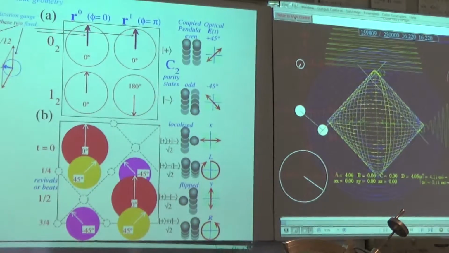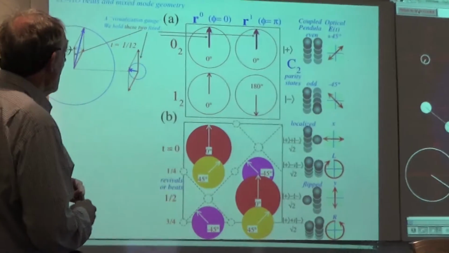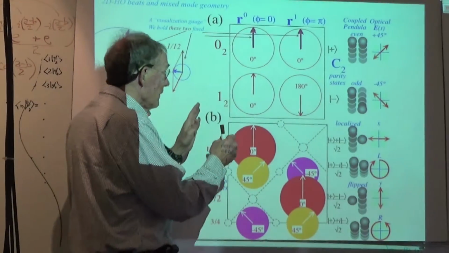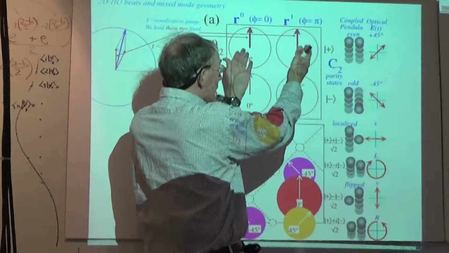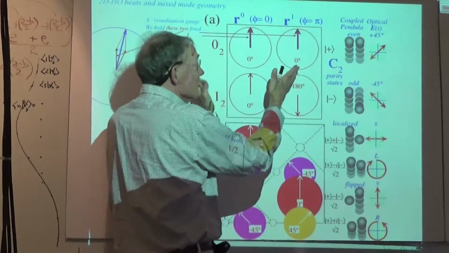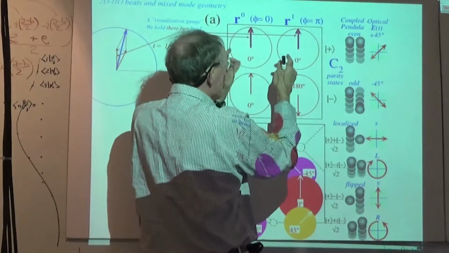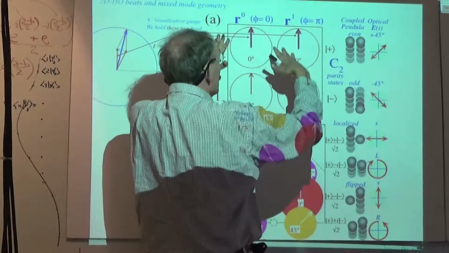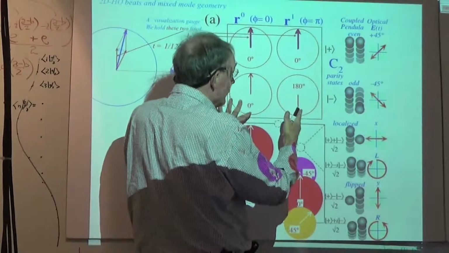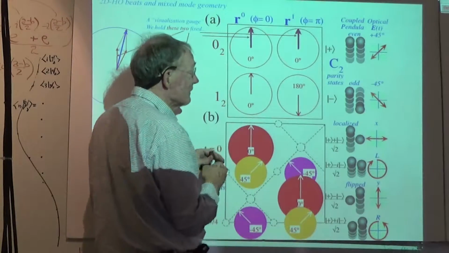I can set, for example, this set of phasors to be not moving. I'll go to a gauge where whatever frequency they have has been subtracted, and I have to subtract that from this one so that they maintain their differences.